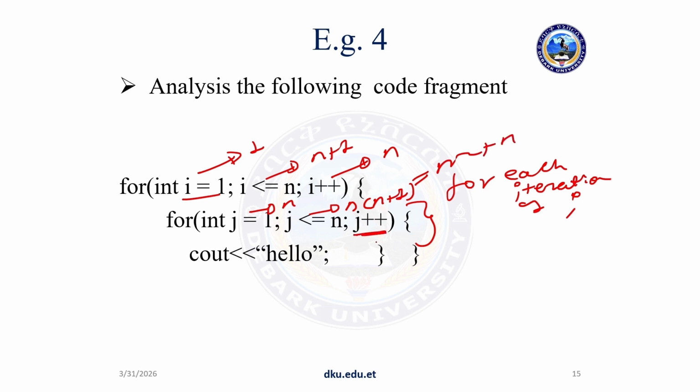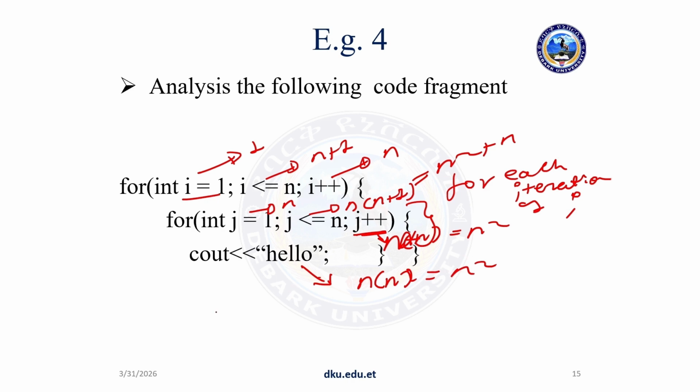And this increment operation will take n into n times, which is equal to n square times. This will take n square times, and the output operation by itself will take n into n times, or n square times.